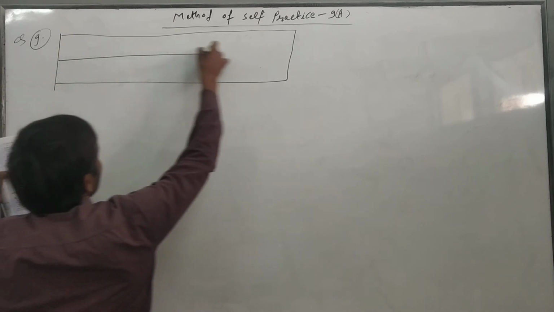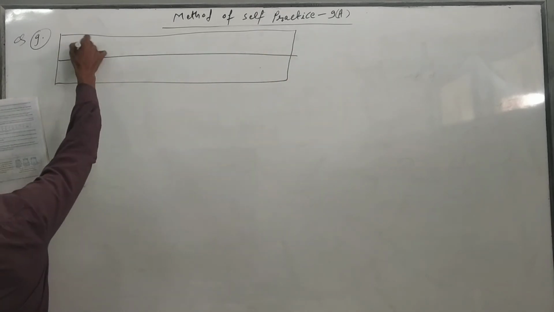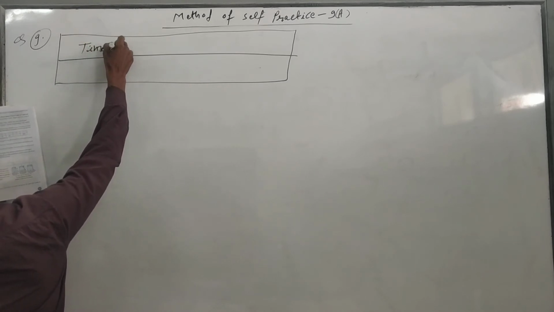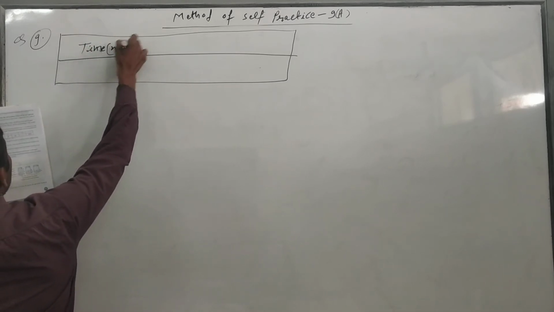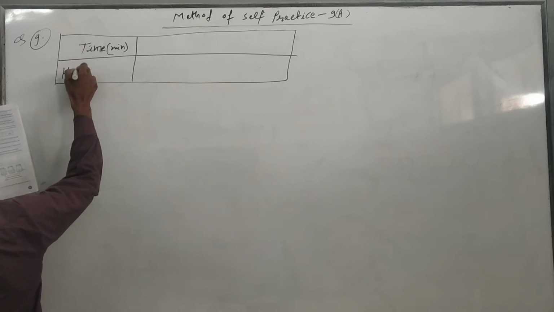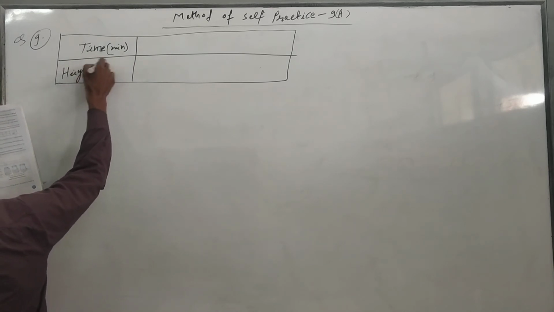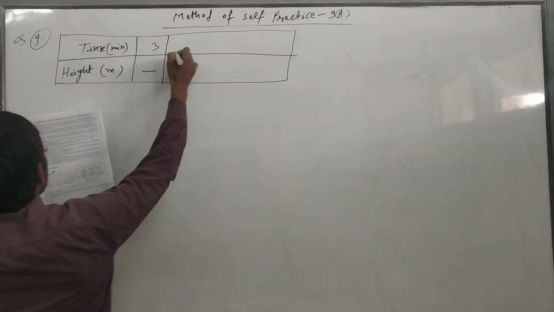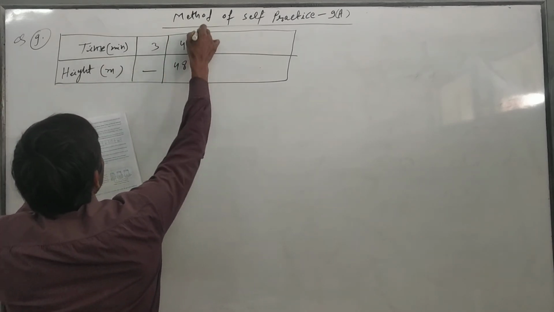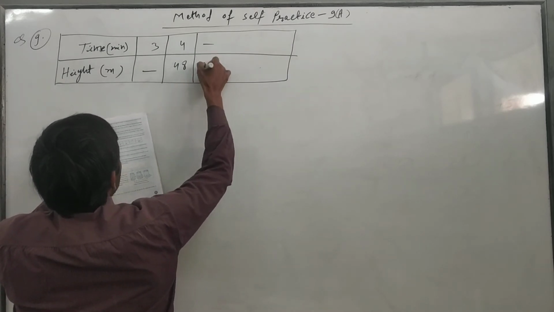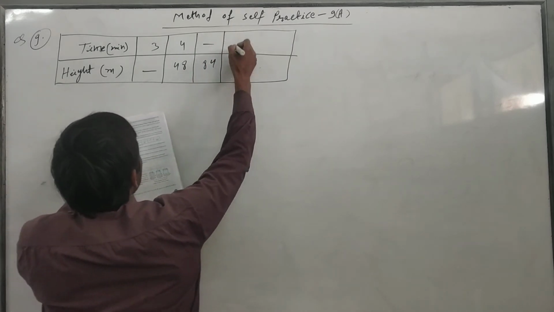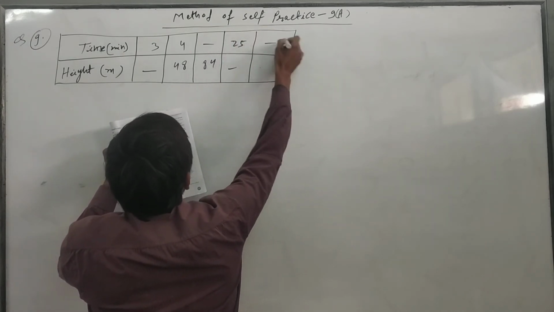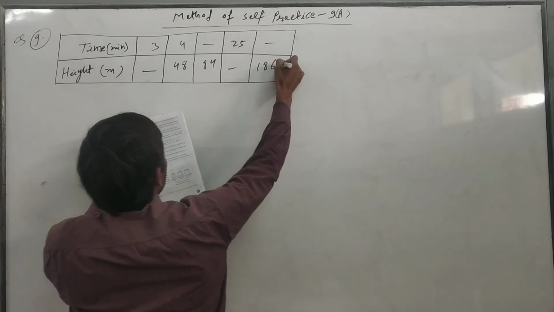Here in question number 9 the table is given, with time in minutes and height of the balloon in meters. Here 3 and a missing term, here 4 and 48 are both given, dash 84, here 25 dash, and one more dash and 1860 is given.